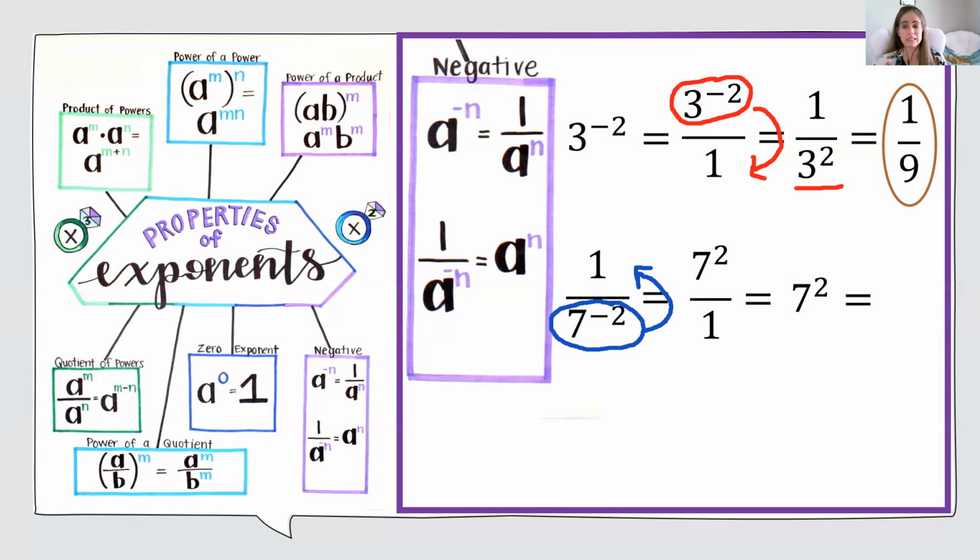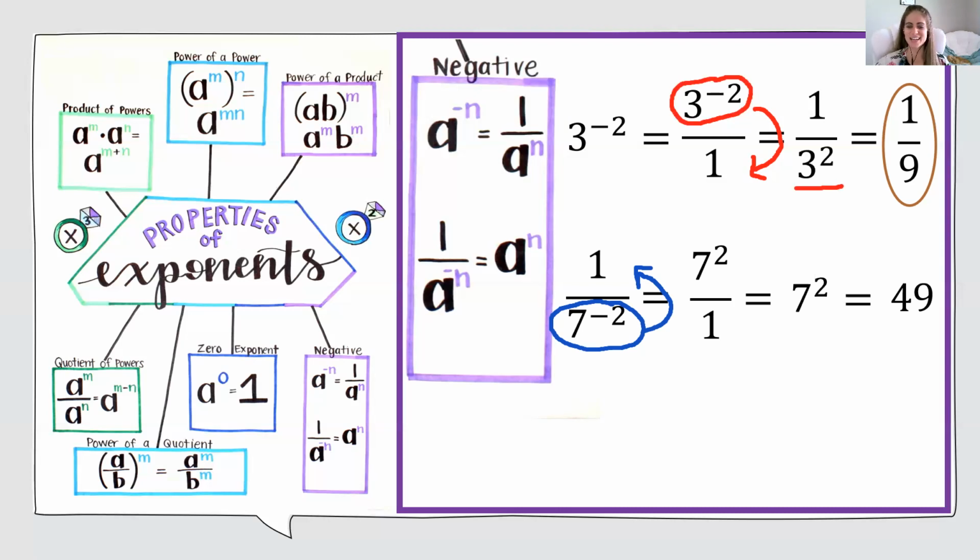And again, on 99%, possibly even 100% of your IXL questions, it's going to ask you to leave your answer in exponent form. You'd be done, 7 squared. But just for fun again, let's simplify it completely. 7 squared would be 7 times itself 2 times. So 7 times 7 is 49.